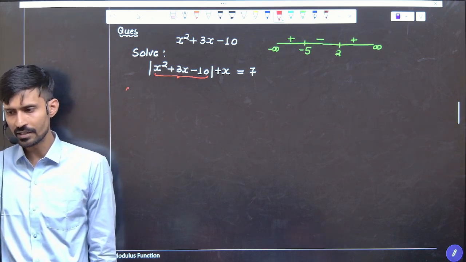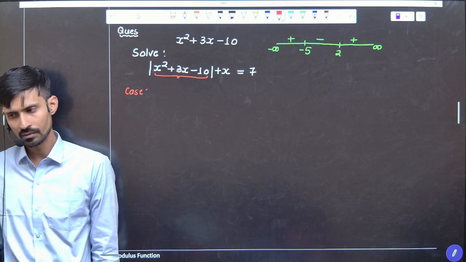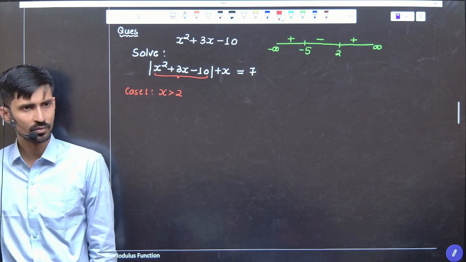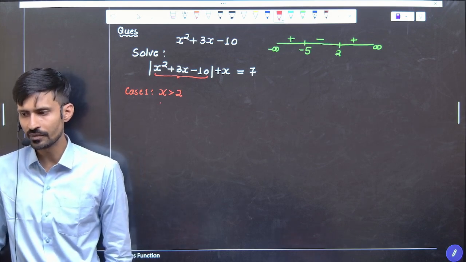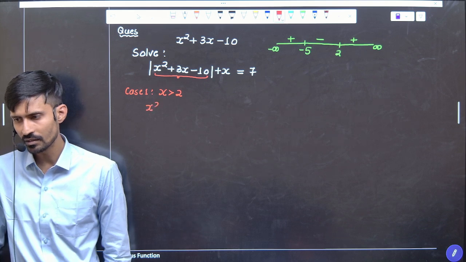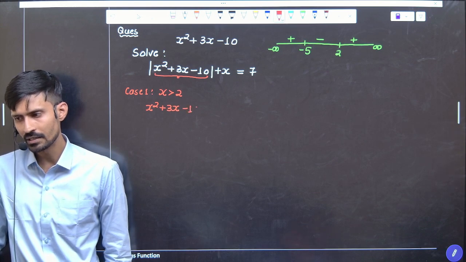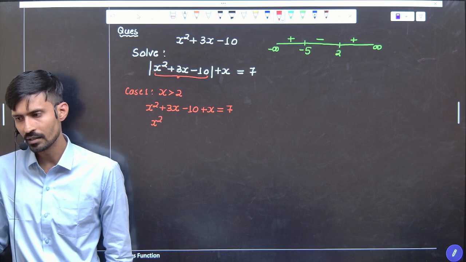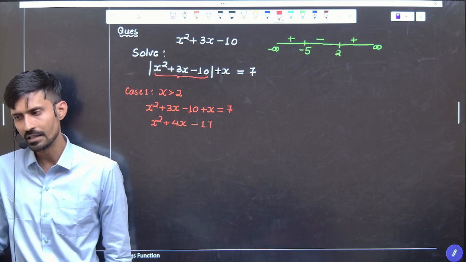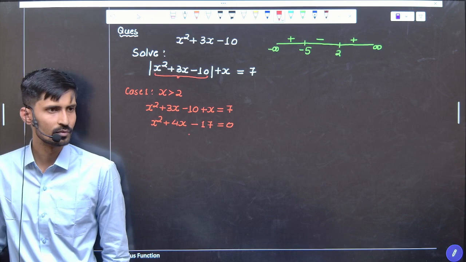Now I will write case 1. What is case 1? x is greater than 2. When x is greater than 2, that term is a positive term. So I will write x square plus 3x minus 10 plus x is equal to 7, and that will become x square plus 4x minus 17 is equal to 0.